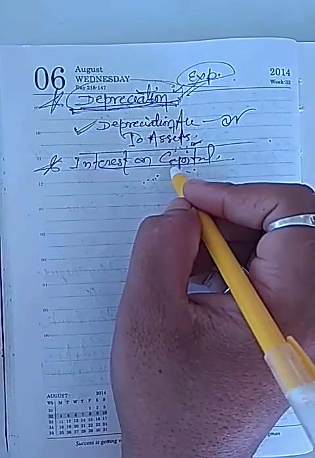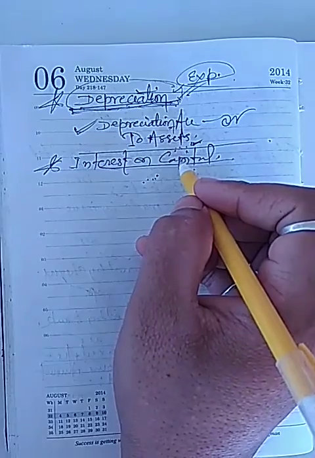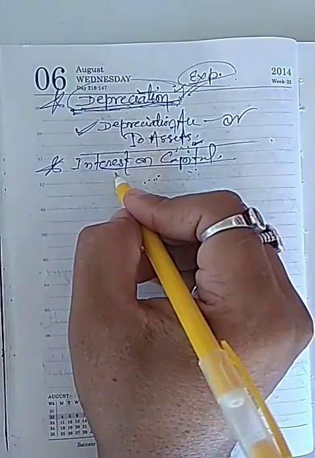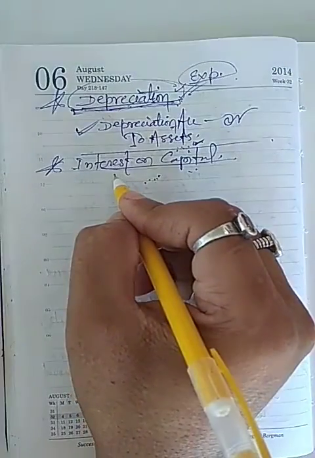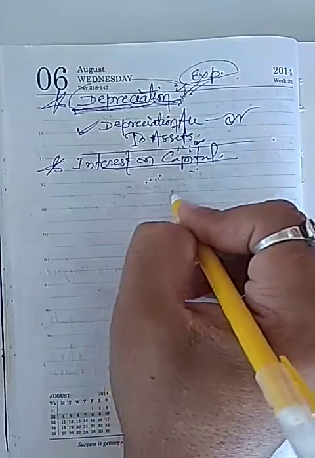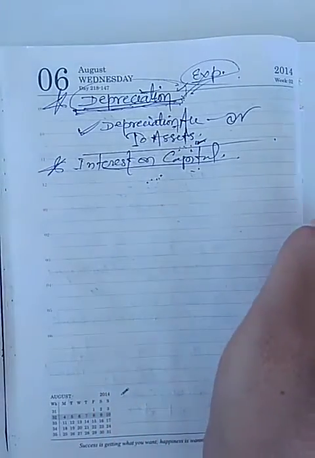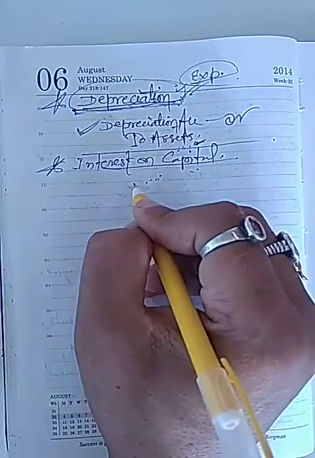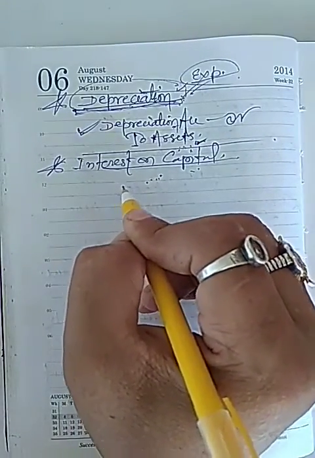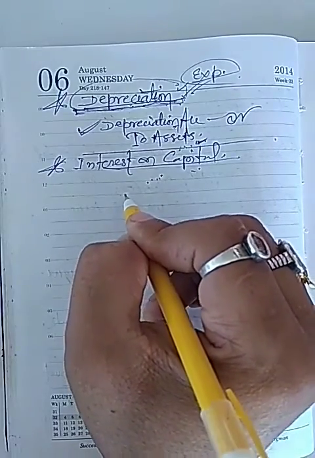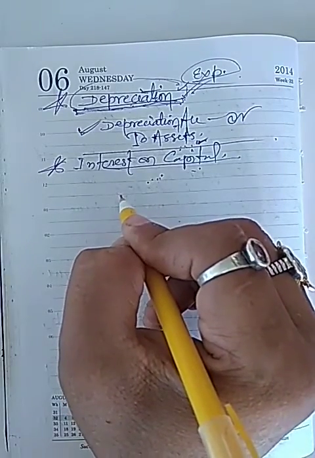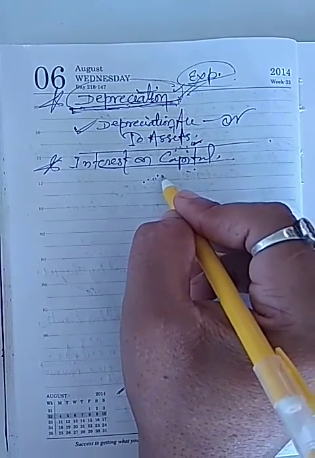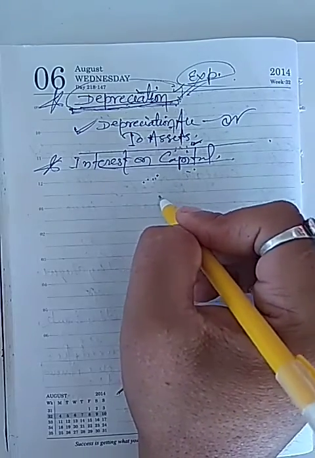So it will be the proprietor's gain, but interest on capital will be an expense for the business. So I am doing the journal entry in the books of the business. From the point of view of the business, capital account will be credited.